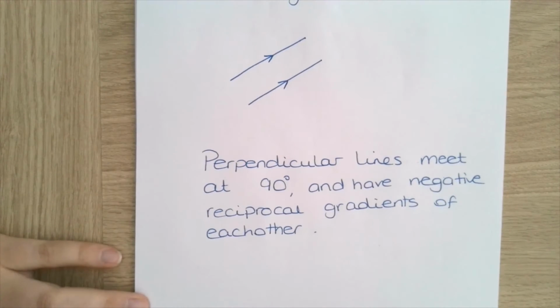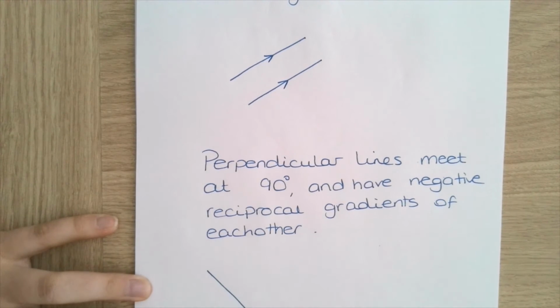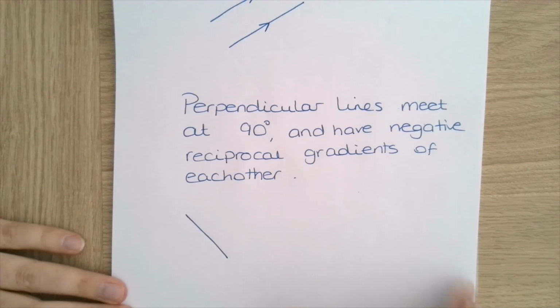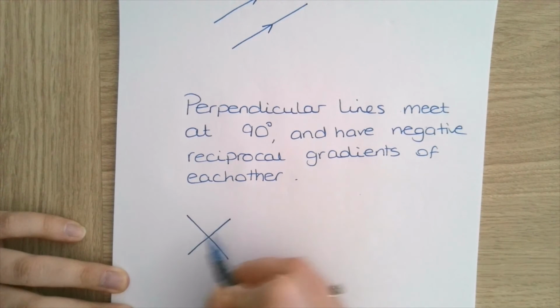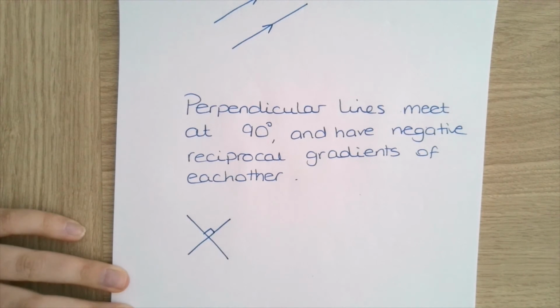So what that means then is if I've got a line here that looks like that, the other line will cross it at 90 degrees.